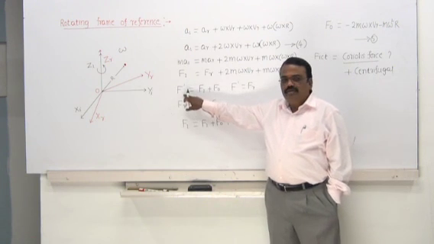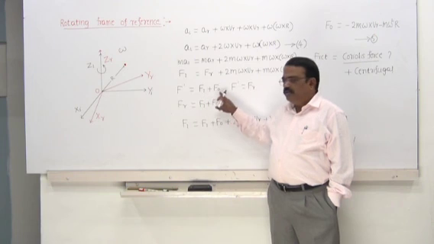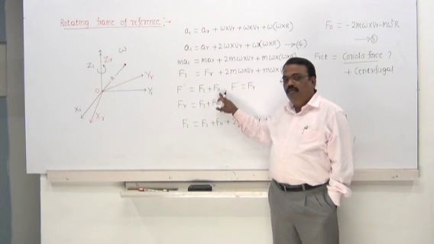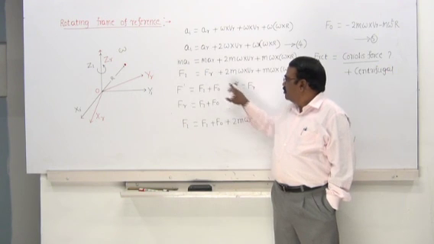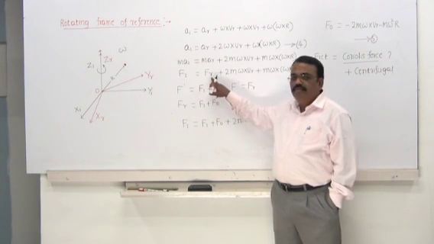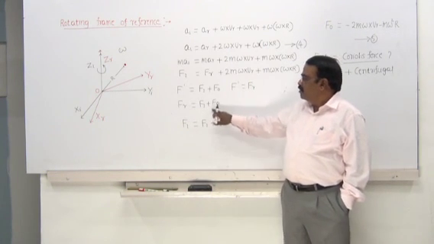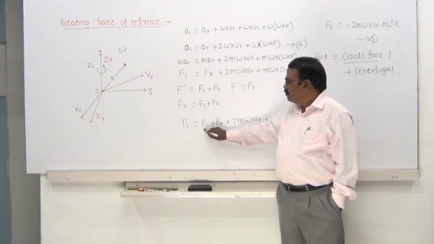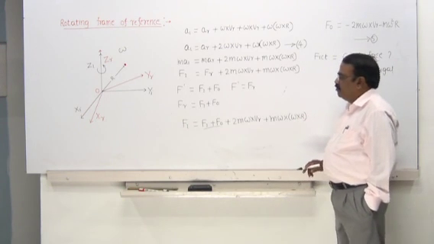But in the previous section we know that F dash, the total force observed, is Fi plus Fo. Fi is force in the inertial frame of reference, Fo is fictitious force. So here in this equation, your F dash is nothing but Fr. Therefore, Fr is equal to Fi plus Fo. Substitute in the place of Fr. So this Fi, if you take it to the other side, becomes 0.